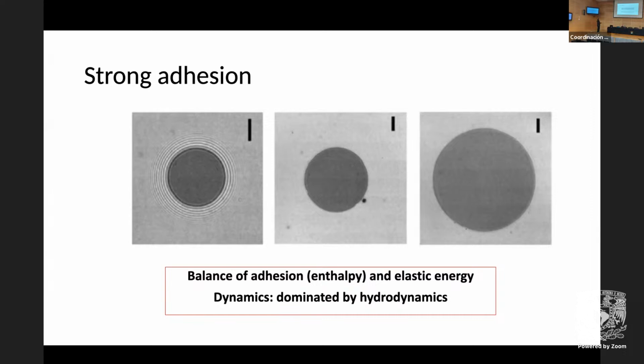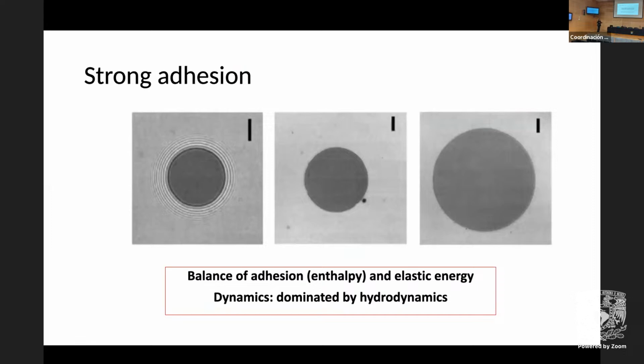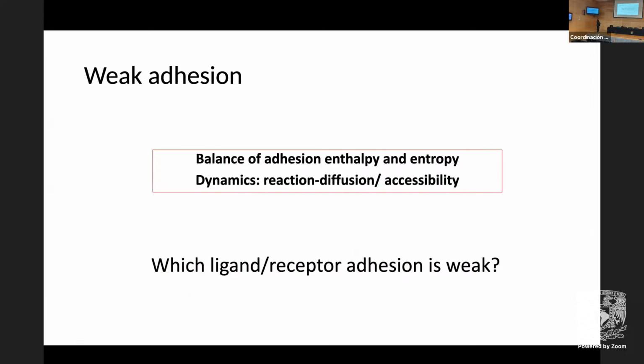Weak adhesion, then along with enthalpy, which is like the bond energy, something else becomes important, which is entropy. Everyone knows what entropy is? What is entropy? Disorder? We'll take that, disorder. The second law of thermodynamics says that a given system tries to lower its free energy by maximizing its entropy.